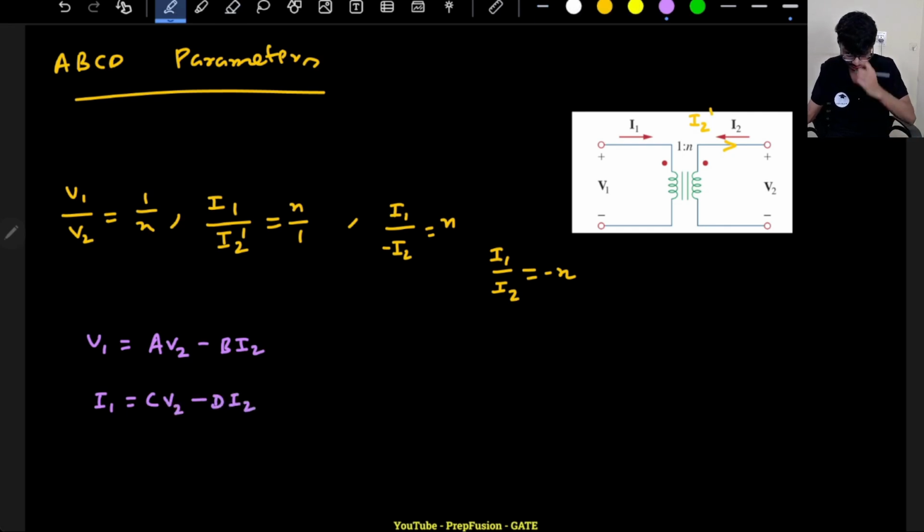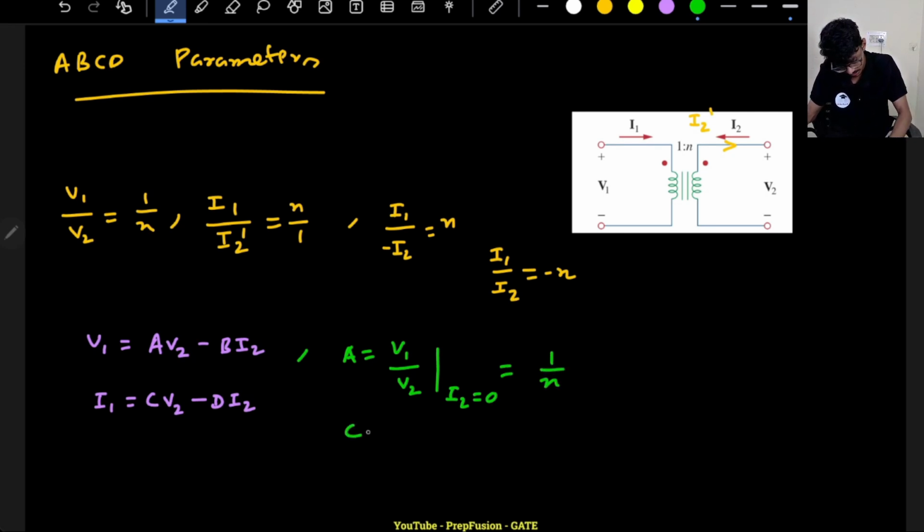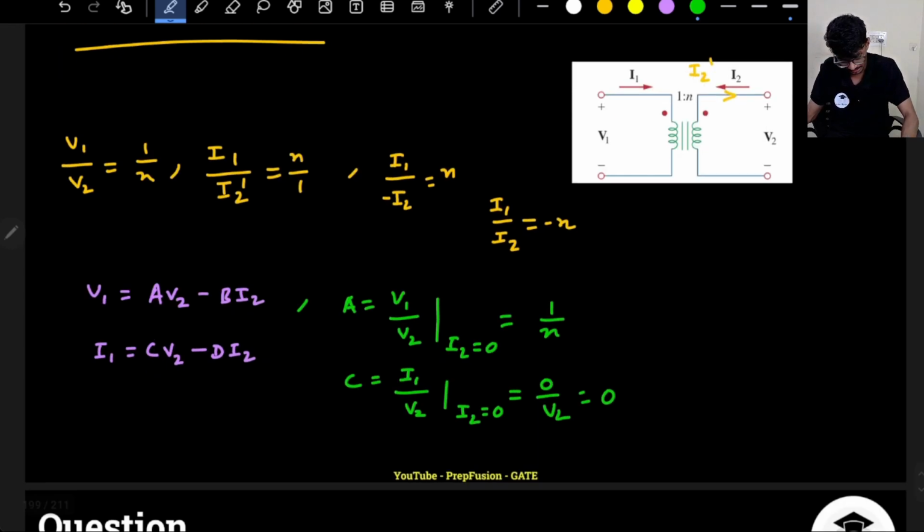So I can directly say A is V1 by V2 when I2 is 0. Of course V1 by V2 is independent, it is always 1 by n. And C is I1 by V2 when I2 is 0. Again, if I2 is 0, this is 0 upon some finite value, so this will be 0 only. So C and A are found out.